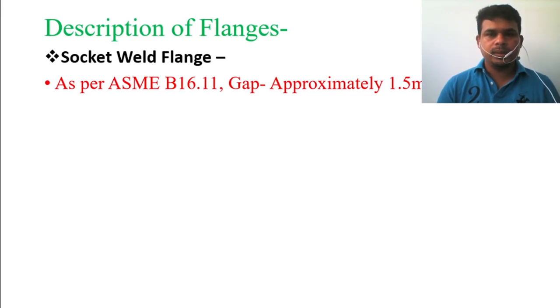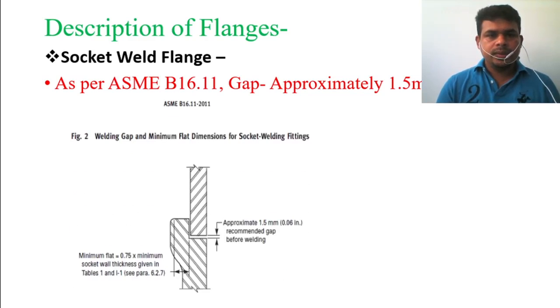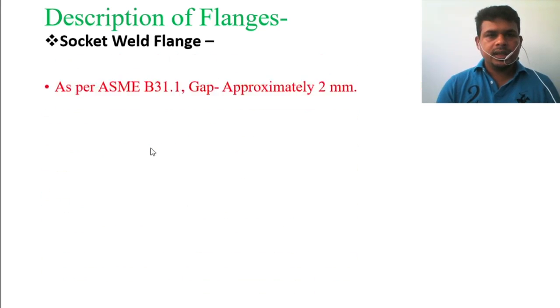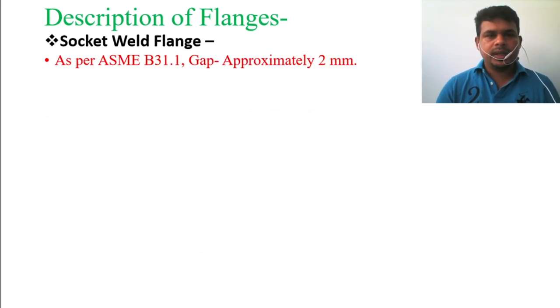I took a snapshot of ASME B16.11 showing 1.5 mm, the recommended gap before welding. Then in ASME B31.1 also, the standard mentions a gap of approximately 2 mm.